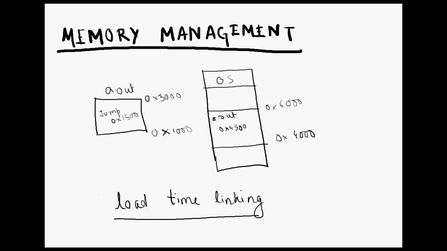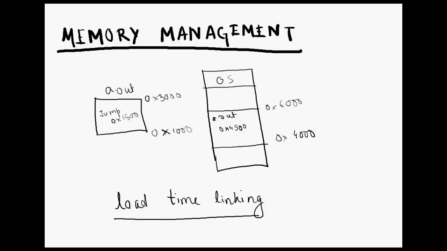In our first attempt to improve the primitive memory management scheme, what we will try is load time linking. What we can do now is change the reference pointers when we are loading the program. For example, we are running a program a.out. A.out has an instruction jump to address 0x1500 at some point.